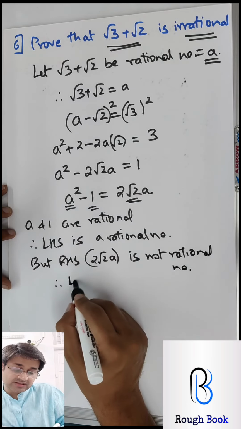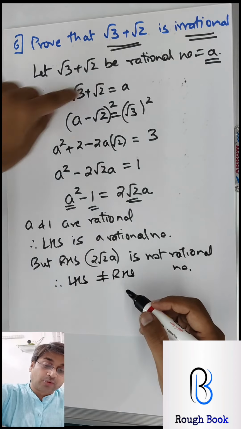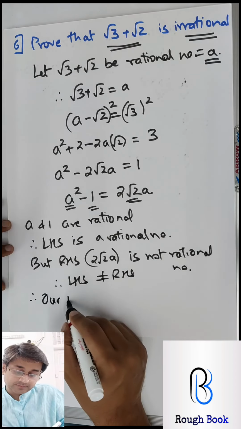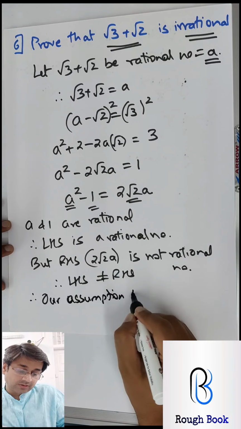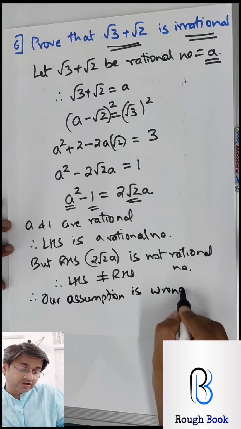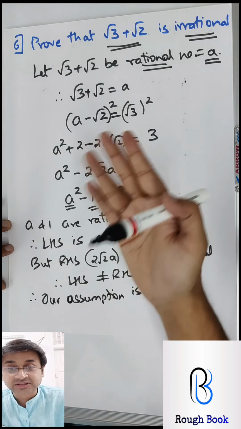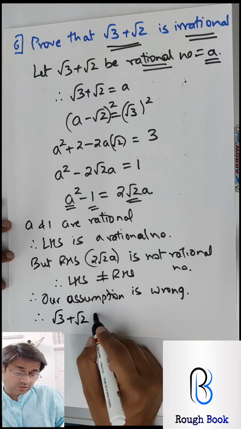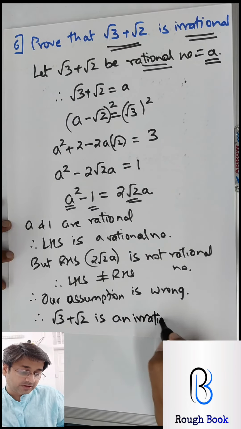So therefore LHS is not equal to RHS. So whatever we supposed is wrong. So you say therefore our assumption is wrong. Now what did we assume? We assume that it is a rational number. It is wrong. So if it is not rational, what is it? Irrational. So you say therefore root 3 plus root 2 is an irrational number.